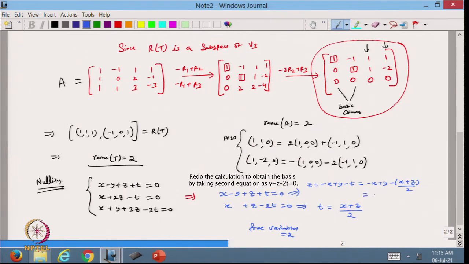So, that becomes minus 2x plus 2y minus x minus z divided by 2, and I can write from here that this is equal to, so minus 2x and minus x, so minus 3x plus 2y minus z.